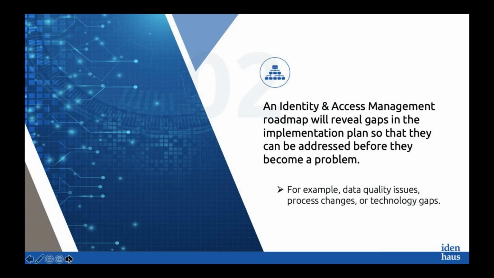Sure. So a lot of times what happens when you get into the process is it's not just about the technologies and the features of the technology that you need to roadmap. You also need to take into consideration things like data quality analysis, meaning, are there steps in the roadmap where the authoritative sources understand they may have to make adjustments to the quality of data they're contributing to the identity vault?